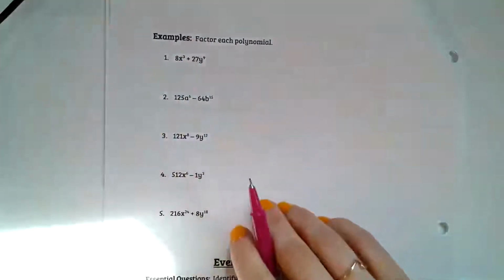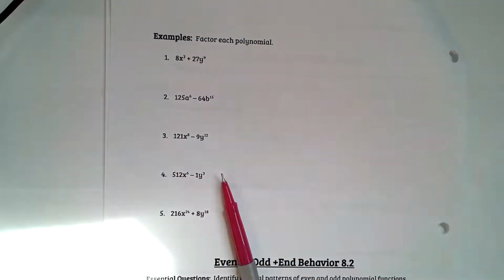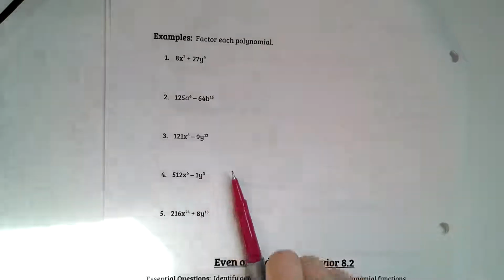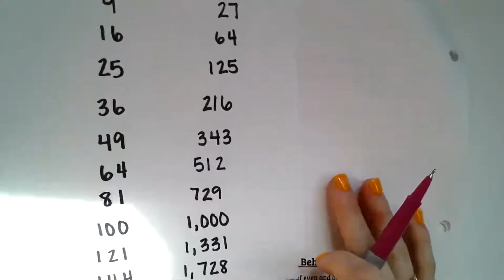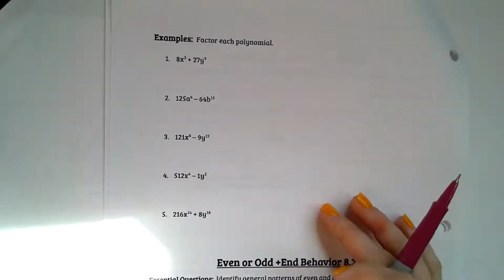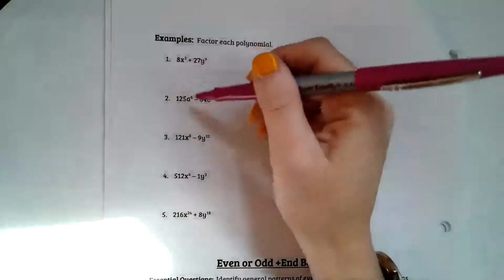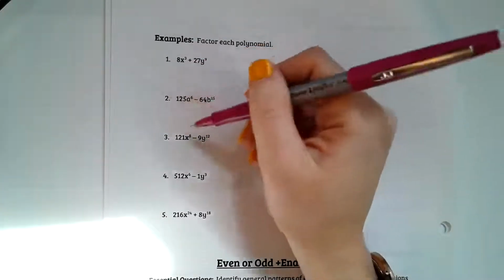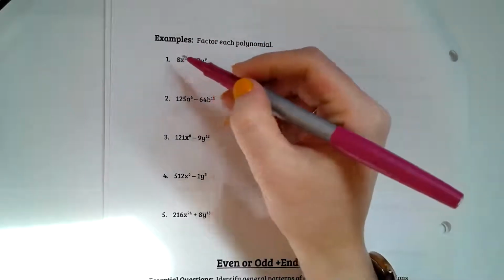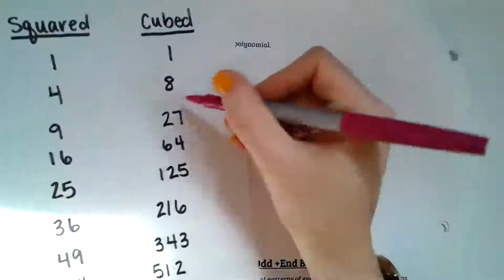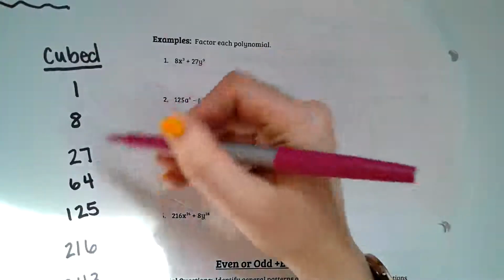Let me see if I can find that chart. So here is mine that I made yours with. So first, let's just go through and say if they're sum of cubes or difference of cubes, or if that even works at all. So first of all, 8 is a perfect cube, and so is 27.